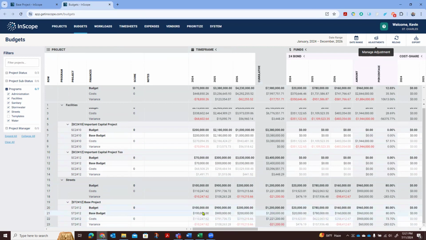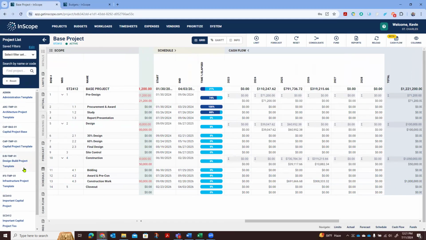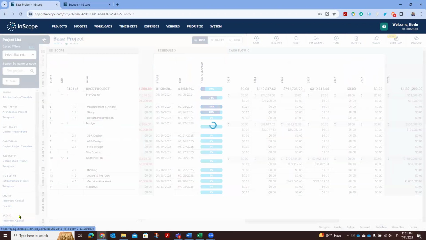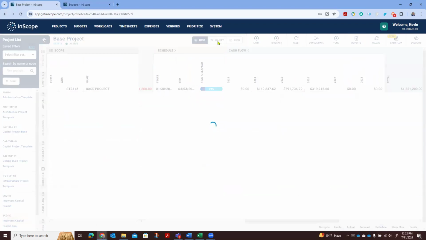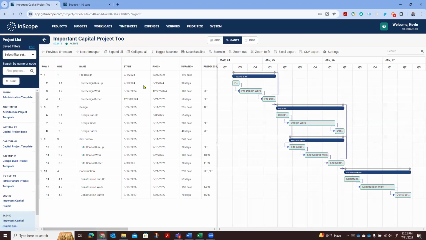But you could also have the opposite situation, right? This is not a very dramatic example, but in this project right here, SC 2412, I have a little bit of surplus. Imagine that SC 2412 hit a pretty major delay. That project's not going to happen for an entire year.